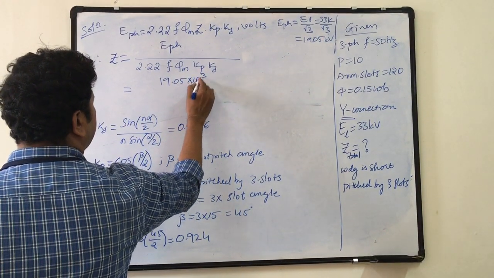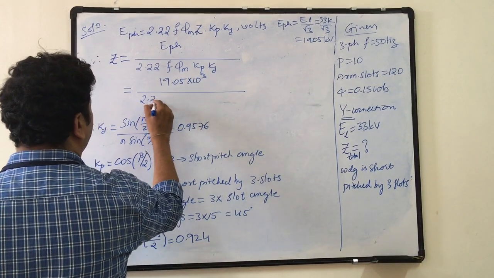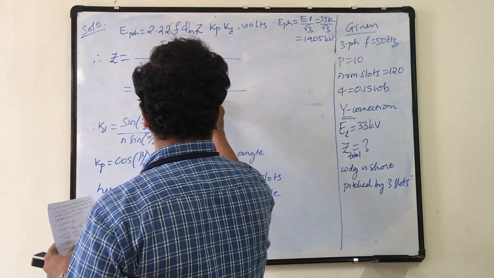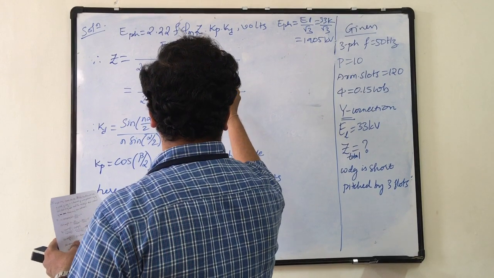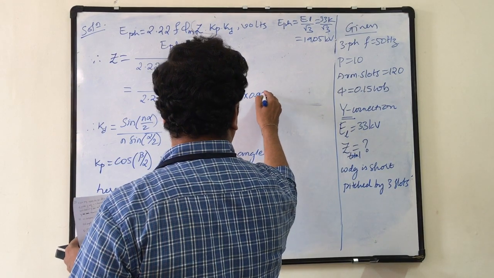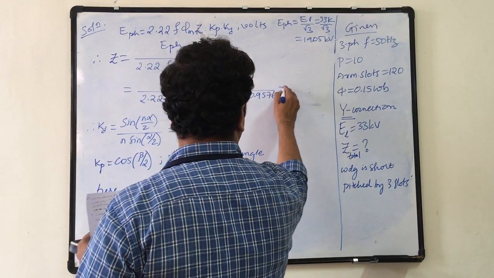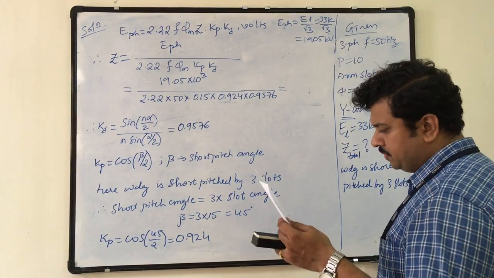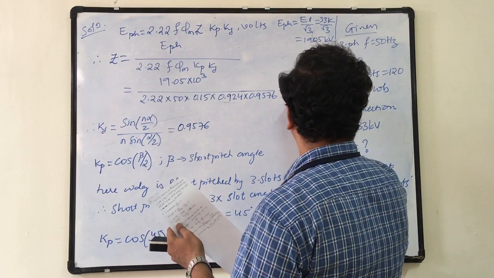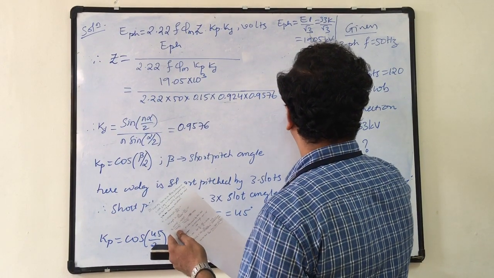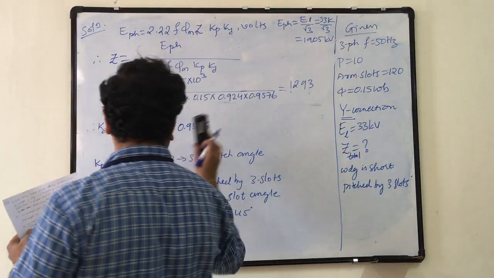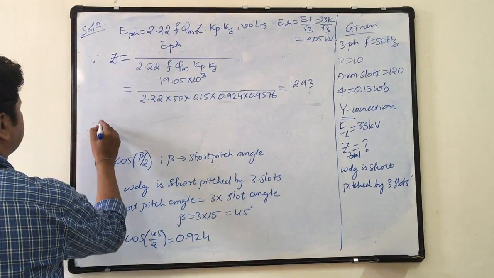If I substitute here: 19.05 into 10 to the power 3 divided by 2.22 into 50 into 0.15 into Kp 0.924, Kd 0.9576. The conductors per phase obtained are 1293. Now what are the total armature conductors?